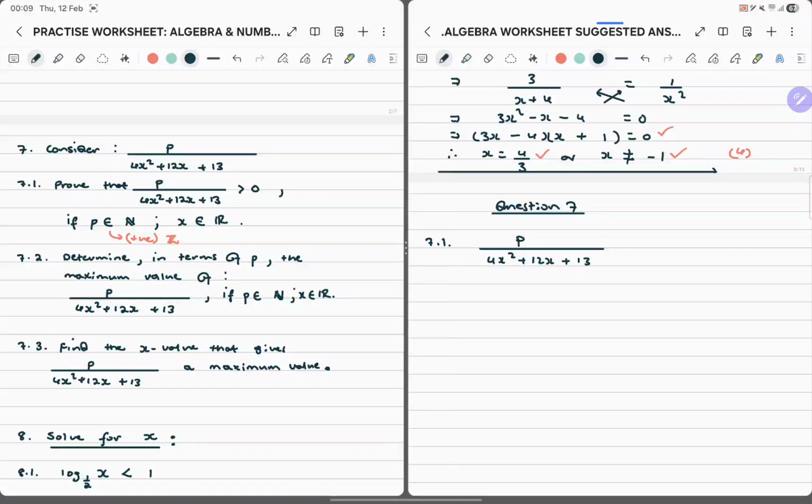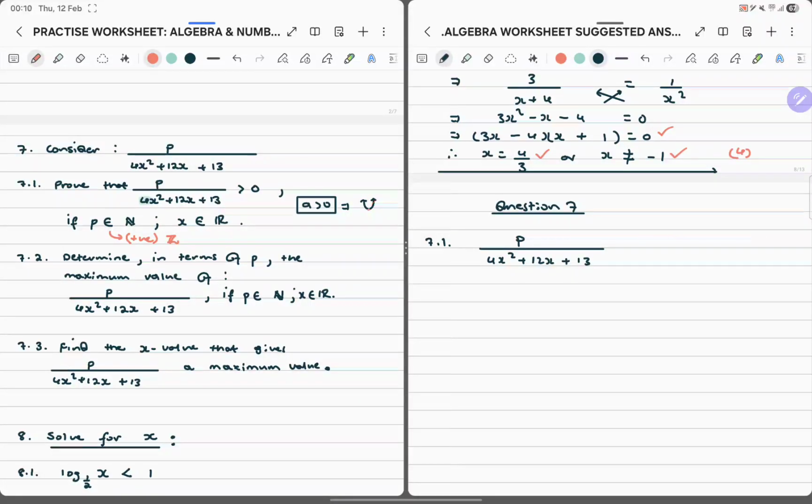Now, the best way to do this, guys, because we cannot tell whether this is positive or not for all real values of x, because we already know that P is positive, so we are already happy with P. But now the quadratic in the denominator is our concern. The only way we can know what direction this quadratic takes is if we complete a square. Because we know that this is a quadratic where a is greater than 0, it means it is a smiling parabola.